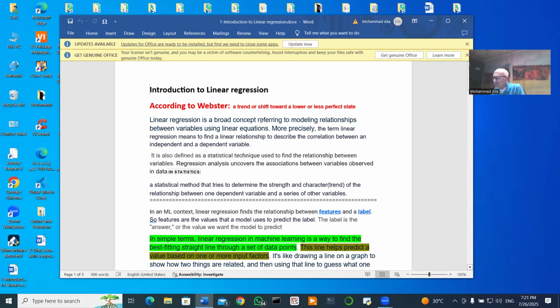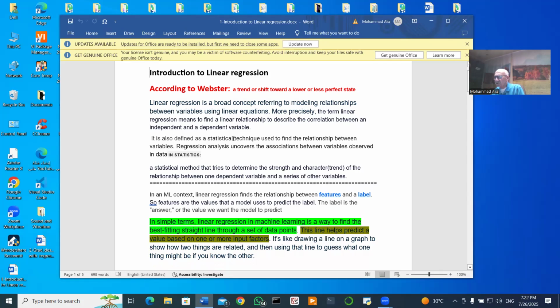So, as you see, all these definitions are very close to each other, and the essence of all of them is that there is always an independent variable or variables, and there is one output or one dependent variable, and we want to find the linear relationship between them.